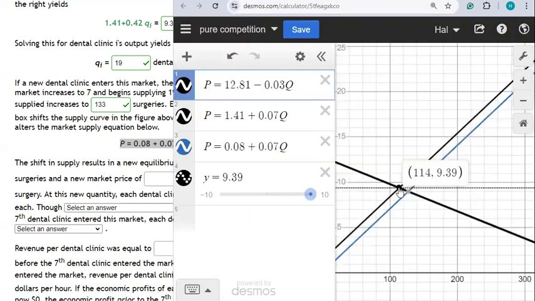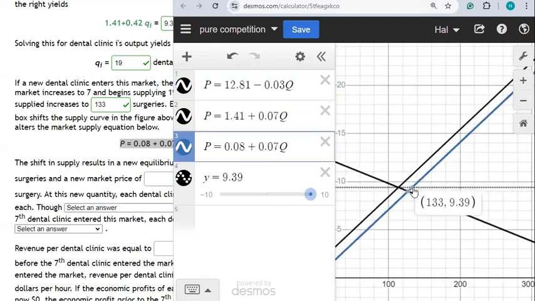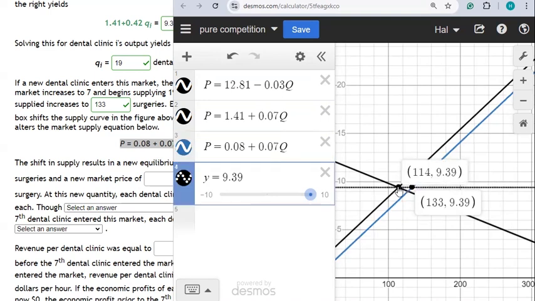That's my equilibrium initially, right? 114 dental surgeries performed at that price. If I click on this point up here, what do I got? Straight across from my initial equilibrium, I got the 133. The 7th dental clinic starts supplying 19 dental surgeries per hour. 19 plus the original number, 114. 19 plus 114 is 133.